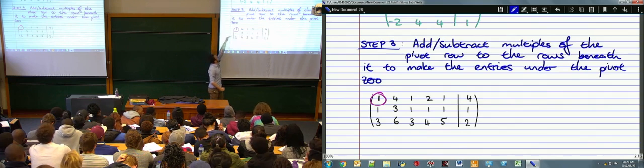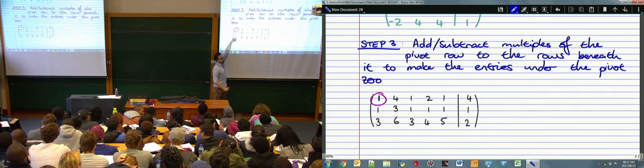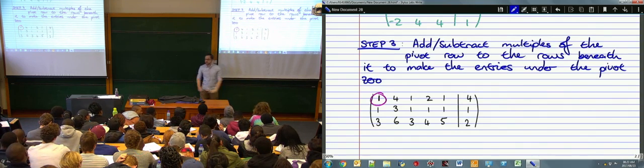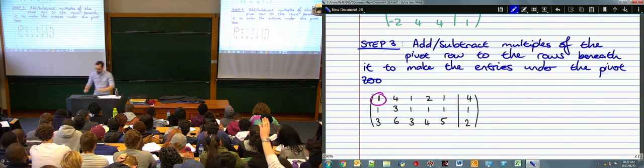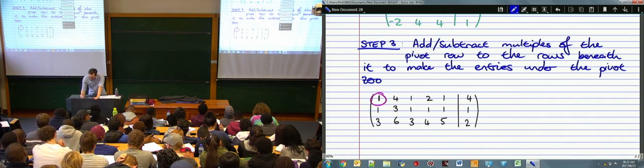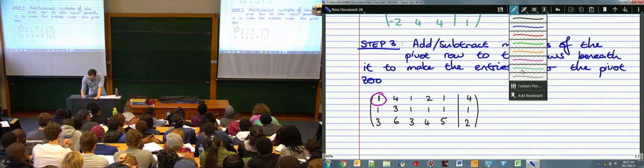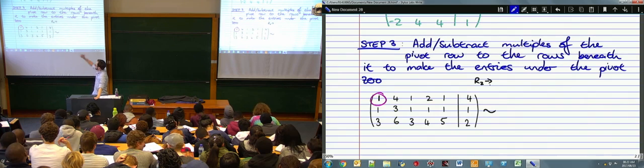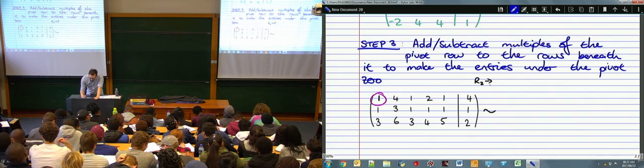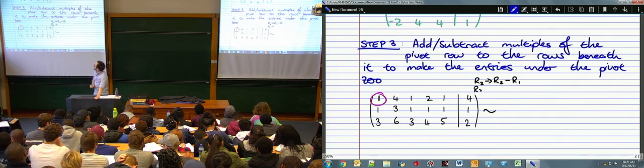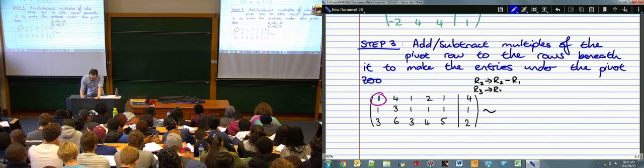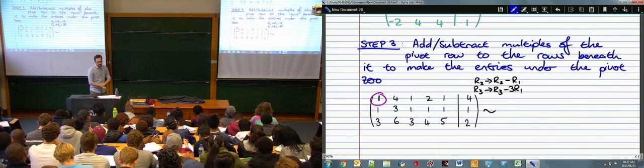So now we're going to add or subtract multiples of row 1 from row 2 and row 3 in such a way that these entries become 0. Row 2 will be row 2 minus row 1, and row 3 will be row 3 minus 3 copies of row 1.